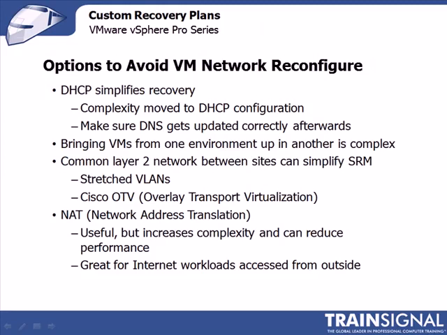But you can have specialized high availability VMs that would be protected by SRM in a Cisco OTV virtual network so that we don't have to go through the trouble of restoring their virtual machines networking settings for a different environment.